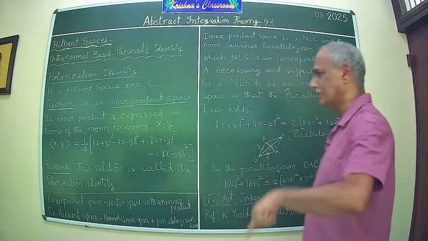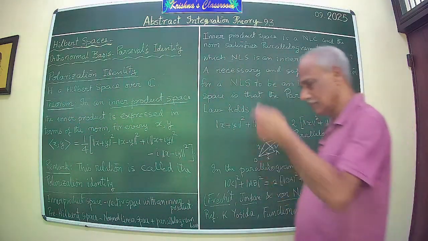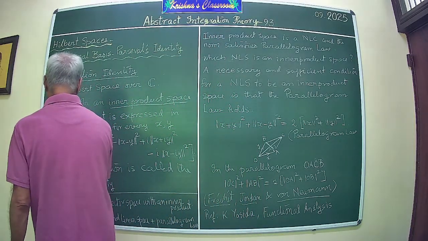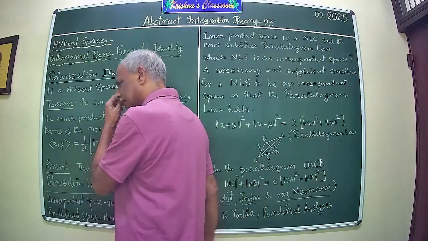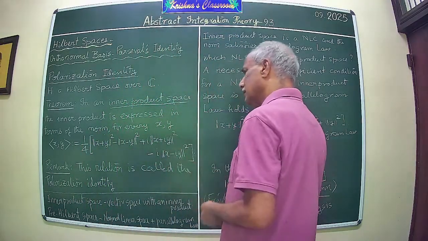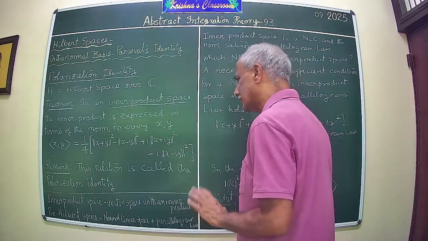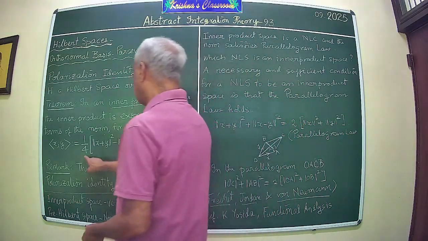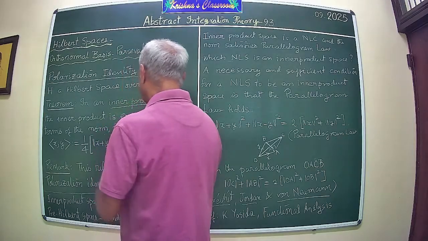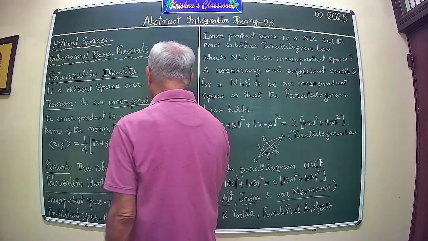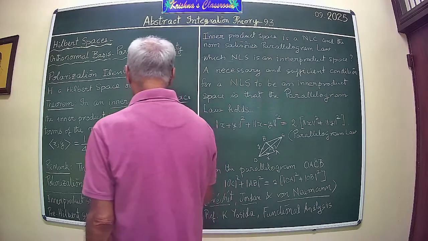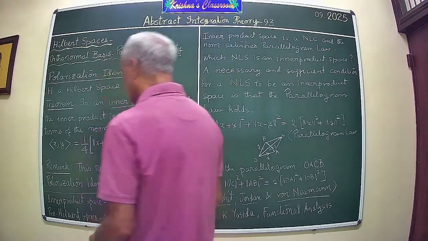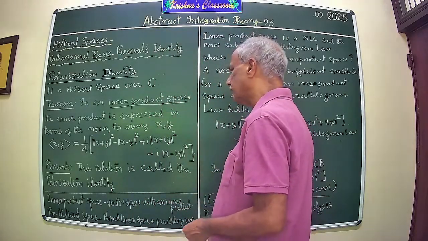Therefore, from that we define the inner product of x and y to be, possibly if at all it is so, the corresponding complex number, namely 1 by 4 times norm of x plus y whole square minus norm of x minus y whole square plus i times norm of x plus iy whole square minus i times norm of x minus iy whole square. This is the one that we take as the definition.